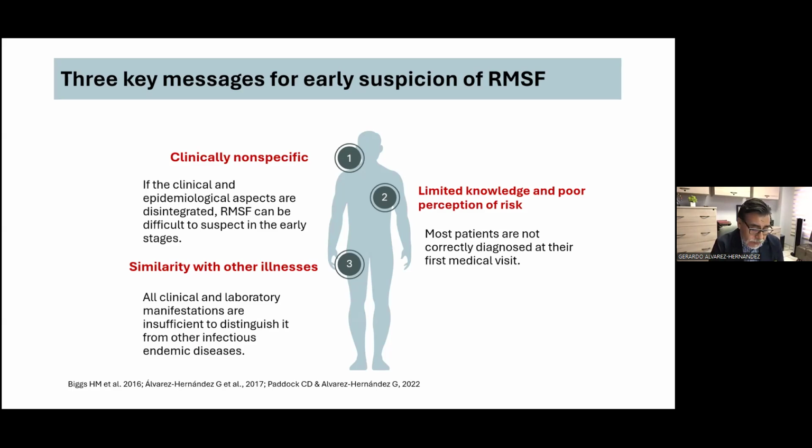Number two, most patients come to see us with non-specific symptomatology. So our knowledge and awareness about the disease are fundamental to suspect the diagnosis. And number three, RMSF always will challenge us because it mimics other endemic febrile diseases.